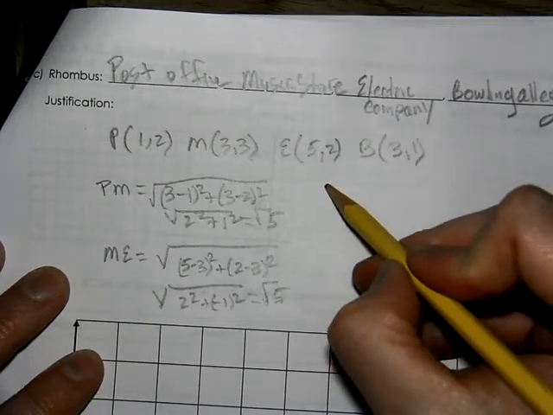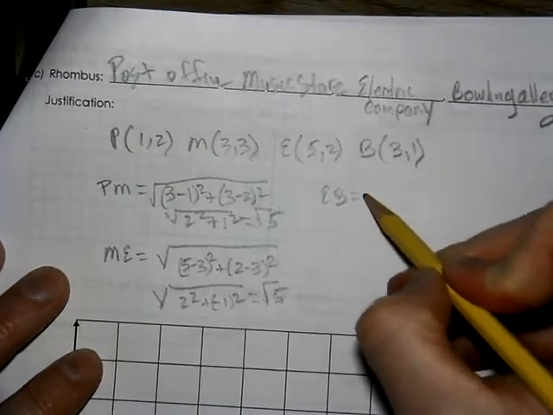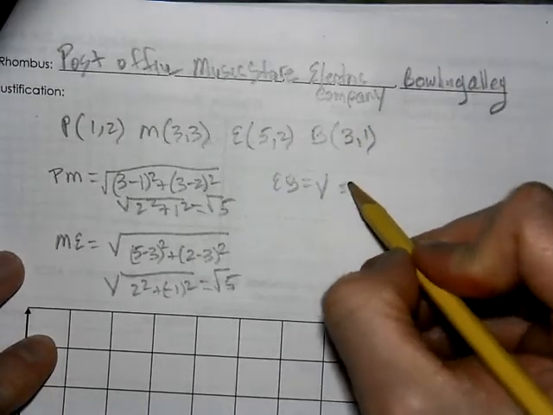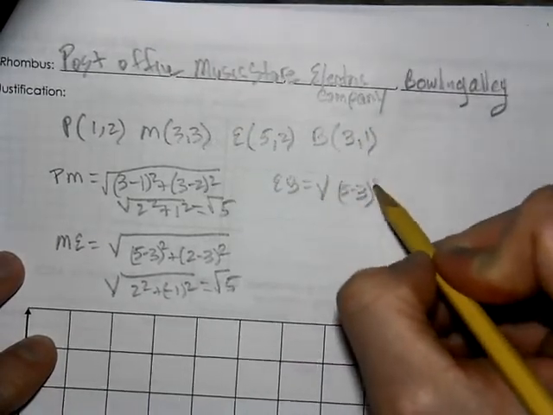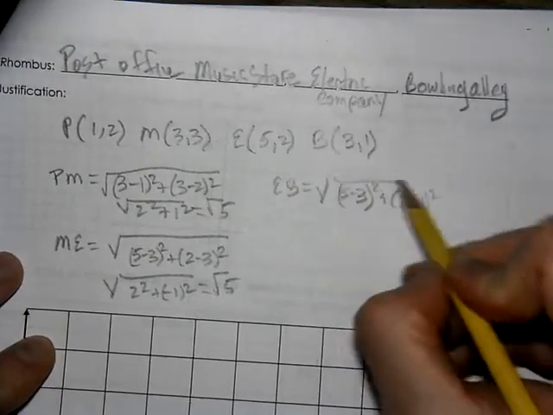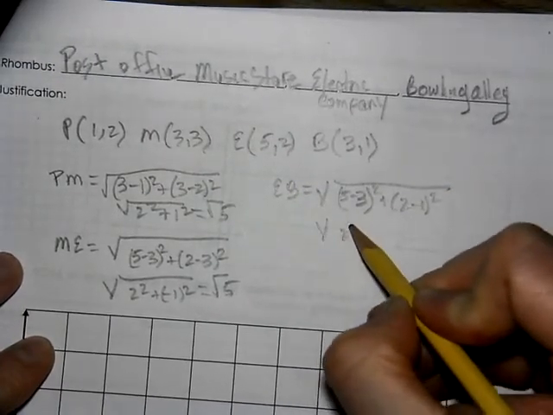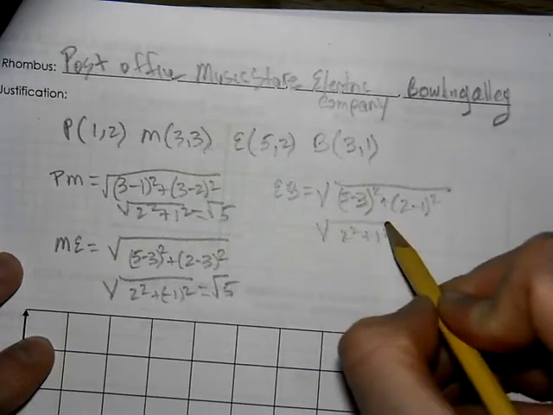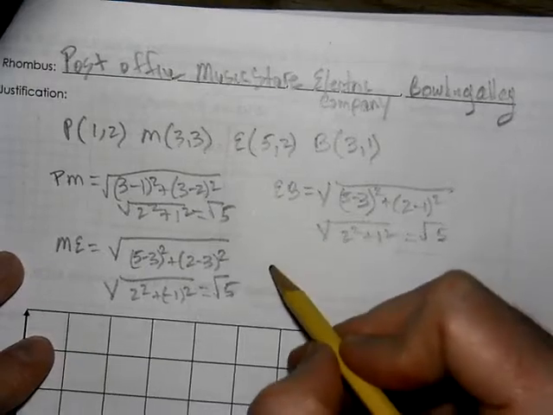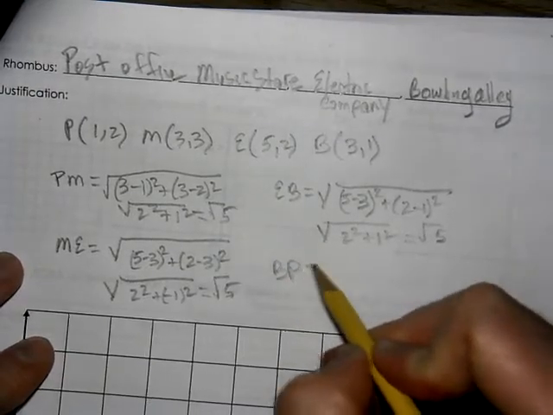Electric company and bowling. We have 5 minus 3 and 2 minus 1, which is the square root of 5. And then we'll finish with the bowling alley and the post office.